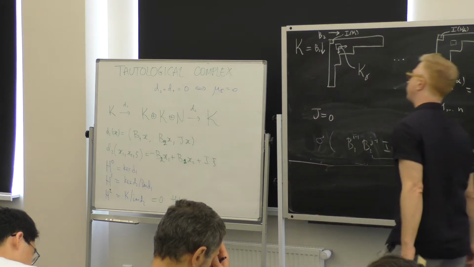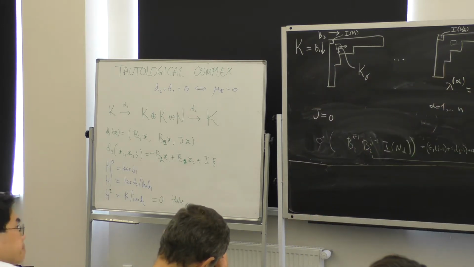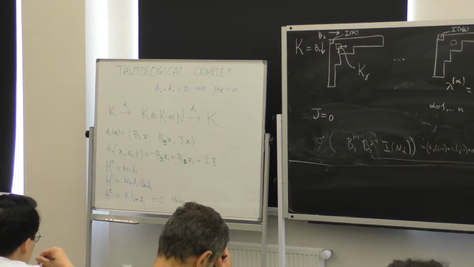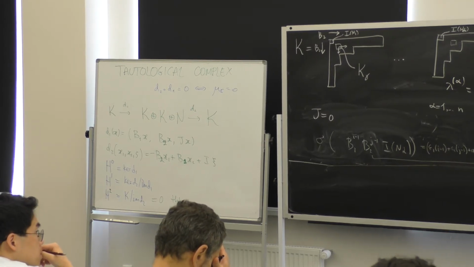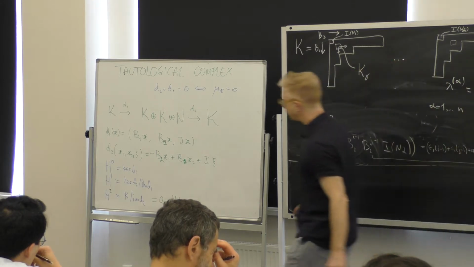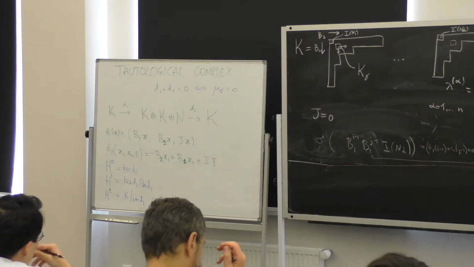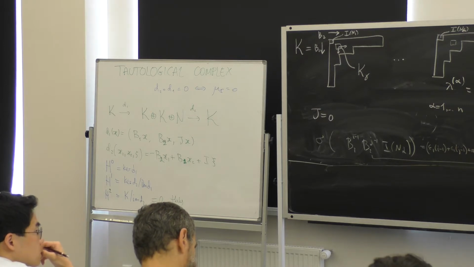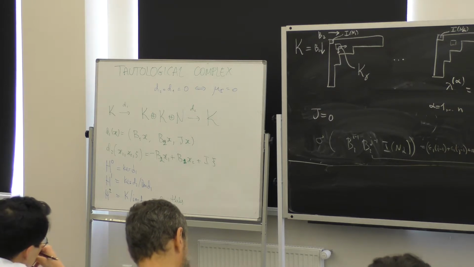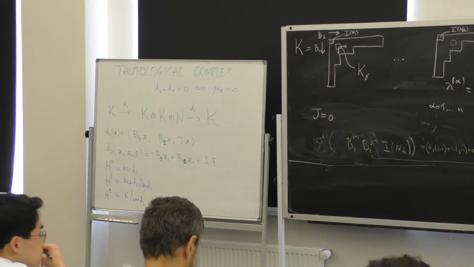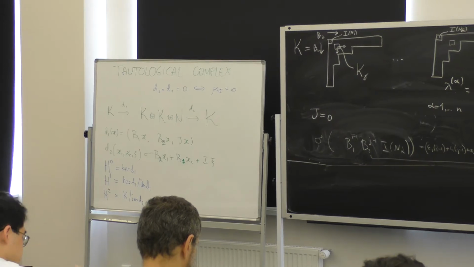So the way to prove this statement, you can do it algebraically. Let me do it again in the physics way. Suppose there is a vector in K which is not in the image of D2. So then it is using the Hermitian structure which I have. I can assume this vector is orthogonal. So suppose it's not 0.